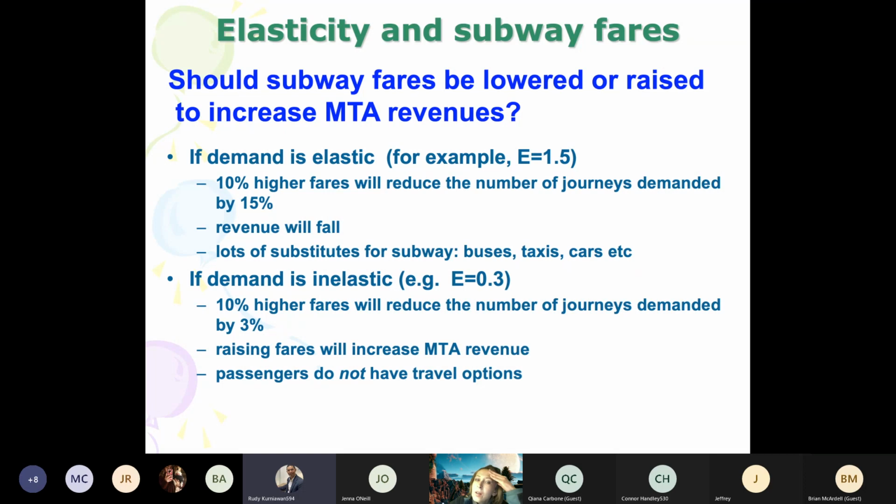Rudy, I think the broader the category, the more inelastic demand is. So let's keep that in mind too. Yeah, the broader the category, so transportation, people need to move around. No matter what, they have to move around.